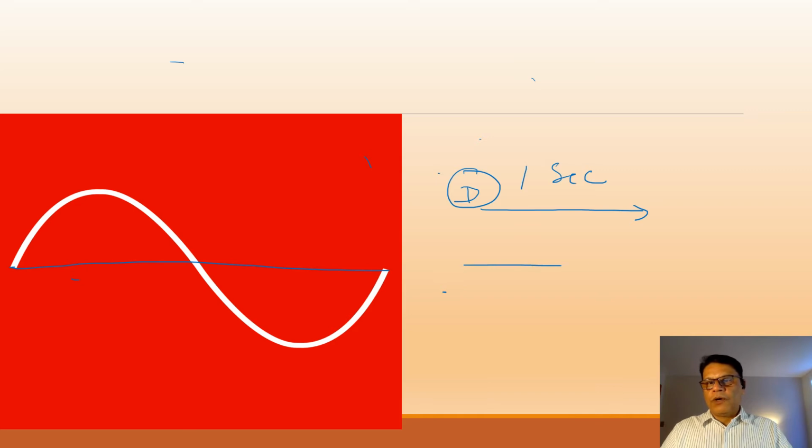If more distance is covered in 1 second, we can say that the speed is increased.